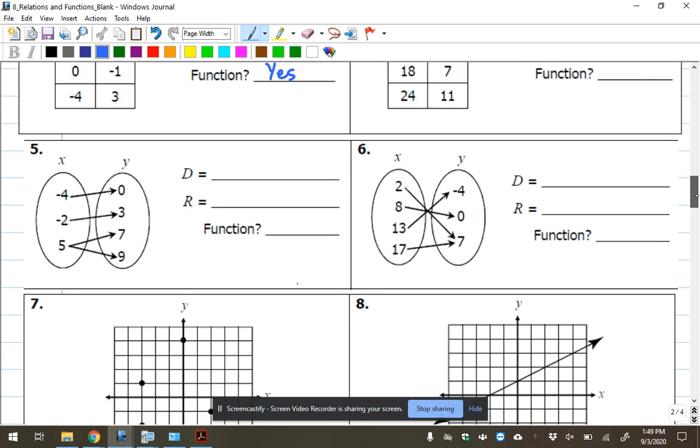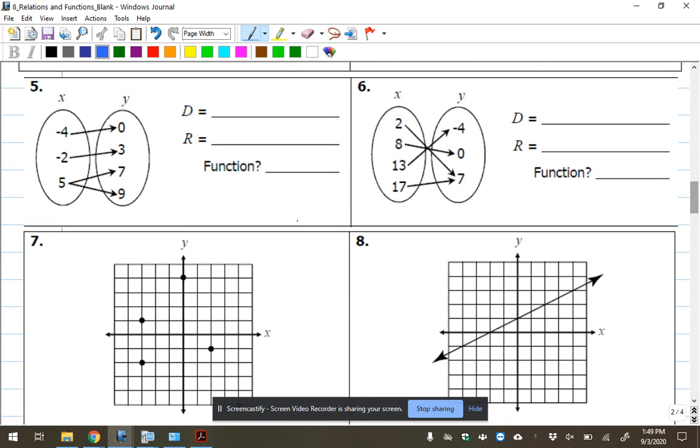All right, number 5 on the next page. These number 5 and 6 are what we call mappings. Okay, the left side bubble, the X's, that's all your domain values. The right side bubble is your range. The arrows are what creates the ordered pairs. So it's the same thing as the list of ordered pairs and as the table, but it's arrows that make those ordered pairs.